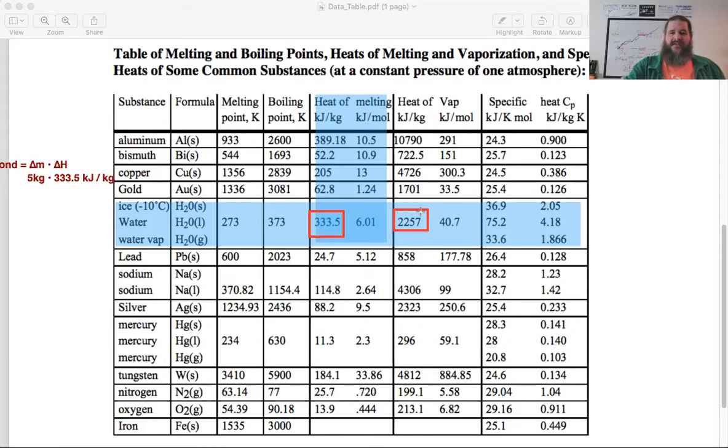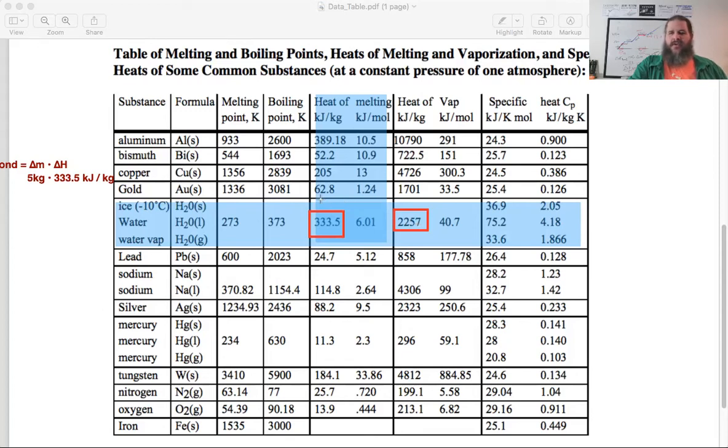Yeah, in this case, it takes a lot more energy to vaporize than it does to melt. And note that this is ignoring the amount of energy it takes to bring it up to the right temperature. If you just have ice that's already at the melting point and you want to melt it, it takes a certain amount of energy. If you've got liquid water that's already at the boiling point and you want to vaporize it, that takes a lot more energy.